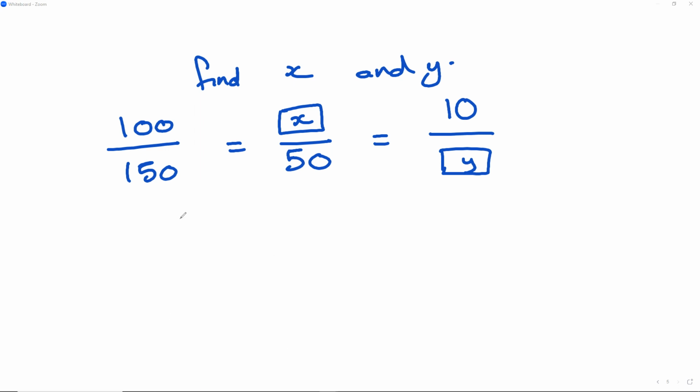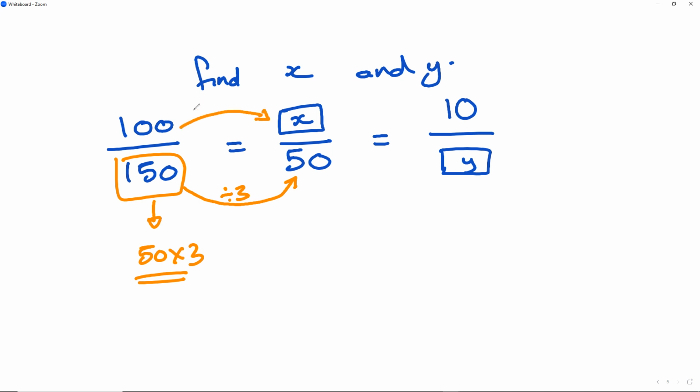All right, so the first thing you notice is that 150 is actually the same as 50 times 3. So that means if I'm going to go from 150 to 50, it's going to be divided by 3. So then I would divide this number by 3 as well. All right, but 100 divided by 3 is not a nice number, so maybe this wasn't a good example.